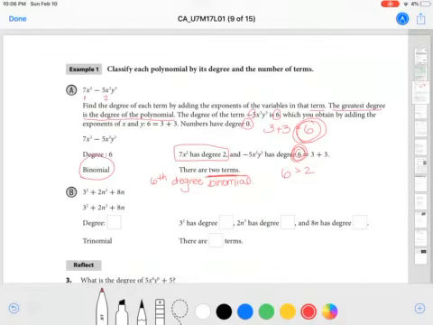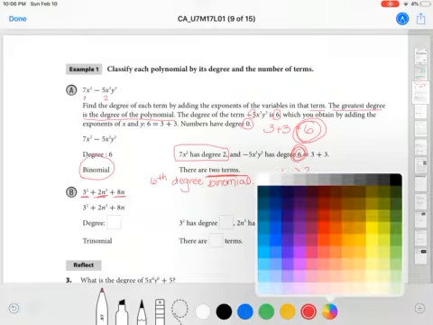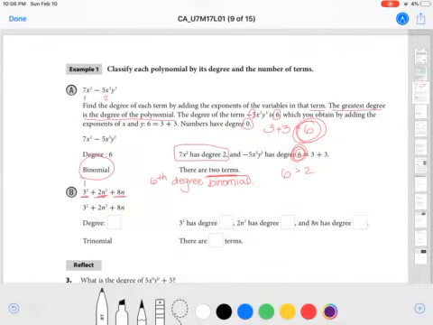So we have 3 squared plus 2n cubed plus 8n. Well, if I look at all of the dashes that I have here, I'm going to see that I have 1 term, 2 terms, 3 terms, which is automatically going to give me a trinomial, okay, because we know that there are 3 terms. 3 squared plus 2n cubed plus 8n.